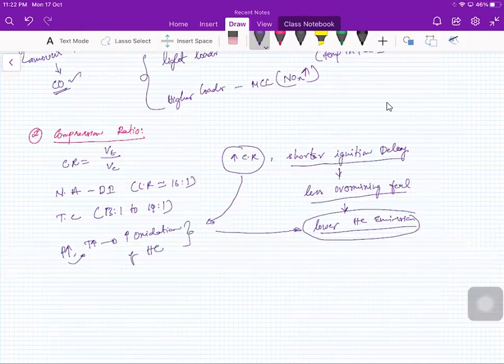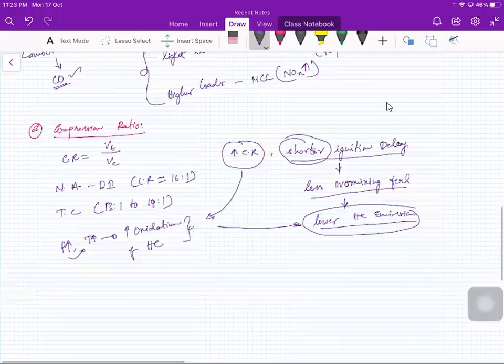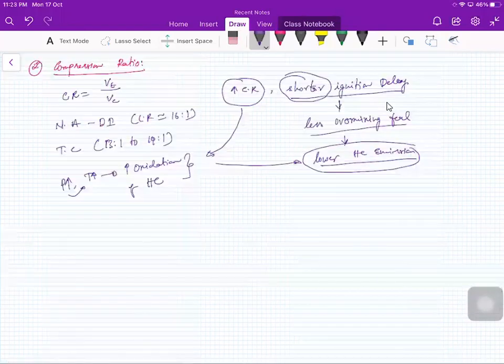Now, what happens if the delay period is longer? Here we have seen the shorter ignition delay. Now, what happens with a longer delay period?